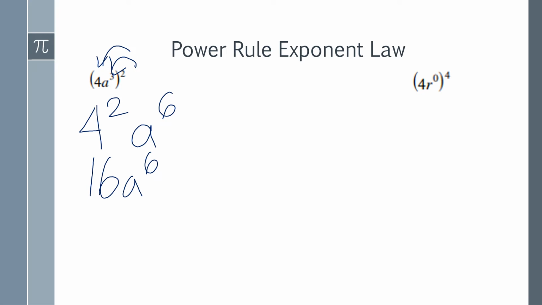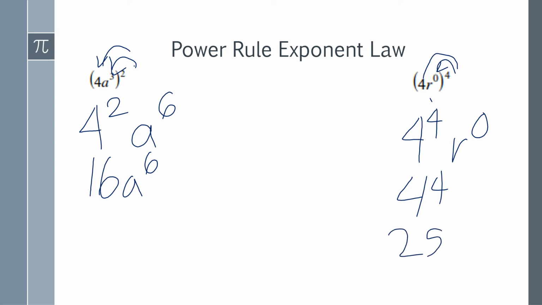All right, so let's do this one. 0 times 4 is 0, so 4 to the fourth power, or 0. We know anything to the power of 0 is 1, so 4 to the power of 4 is going to be just 256. Just like that.